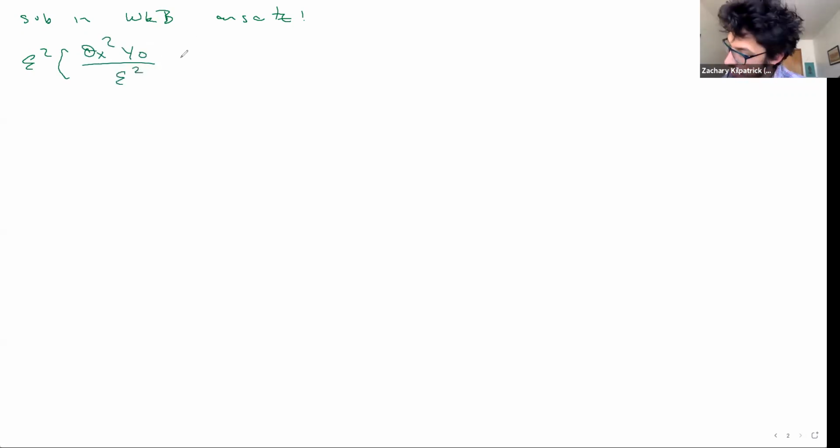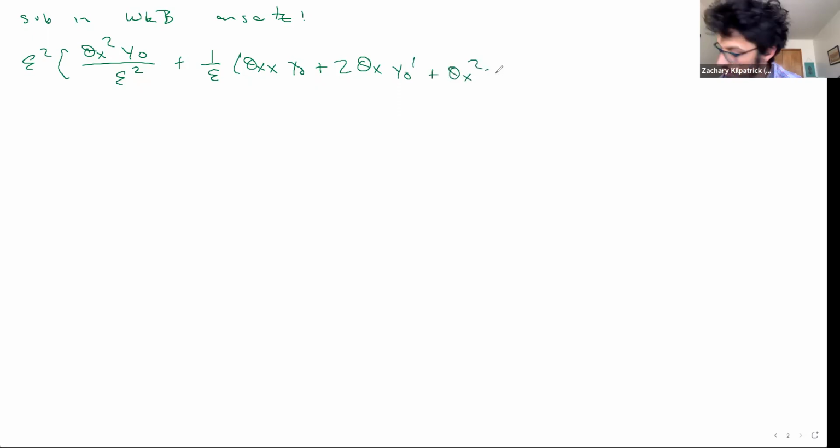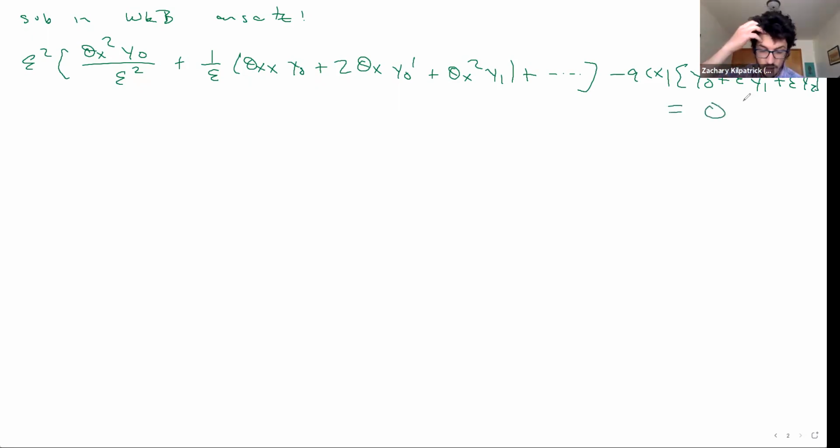Epsilon squared plus 1 over epsilon theta xx y0 plus 2 theta x y0 prime plus theta x squared y1 minus q of x times y0 plus epsilon y1 plus epsilon squared y2 here is equal to 0.